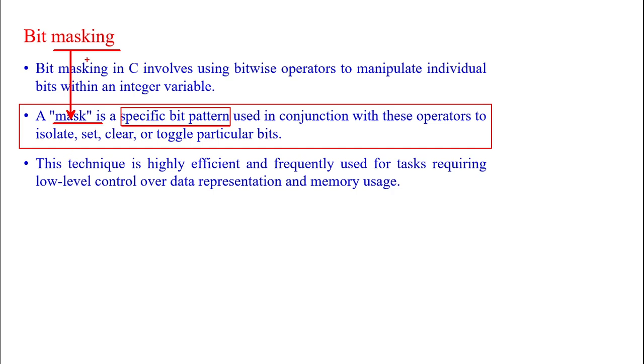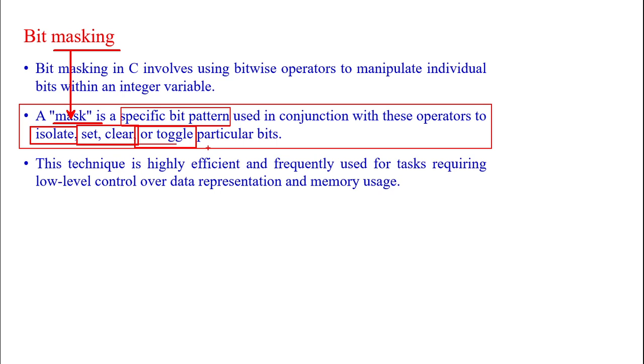So we have to use a mask which specifies a specific bit pattern in order to isolate, in order to set, in order to clear, or in order to toggle the particular bits.